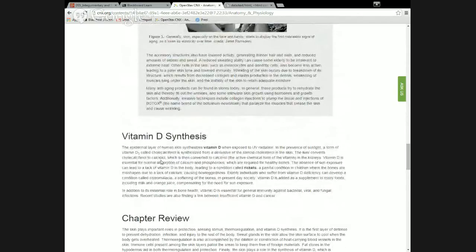Another thing, which is not terribly crucial, well, I shouldn't say terribly crucial, but is a seemingly minor thing that the skin does, is vitamin D synthesis. The molecule vitamin D requires a step where it's exposed to UV radiation. And the only place in your body where you can expose something to UV radiation is in the outer layers of your skin.